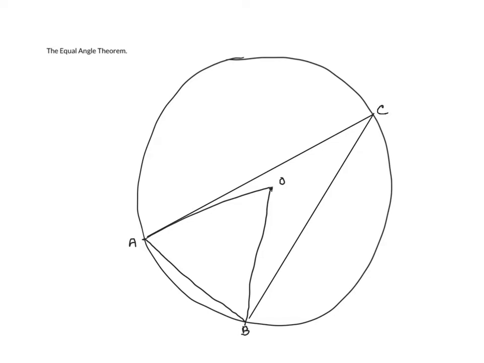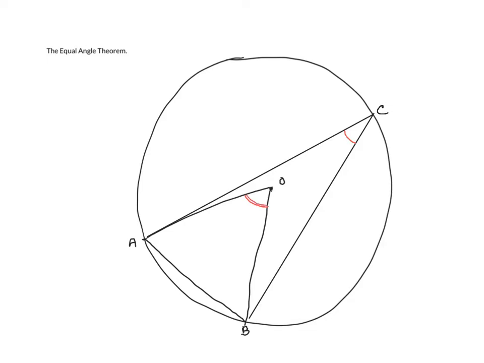Now, one of the most remarkable things about this result is this: this angle here is always the same for a chord AB, and it's always exactly half this angle.